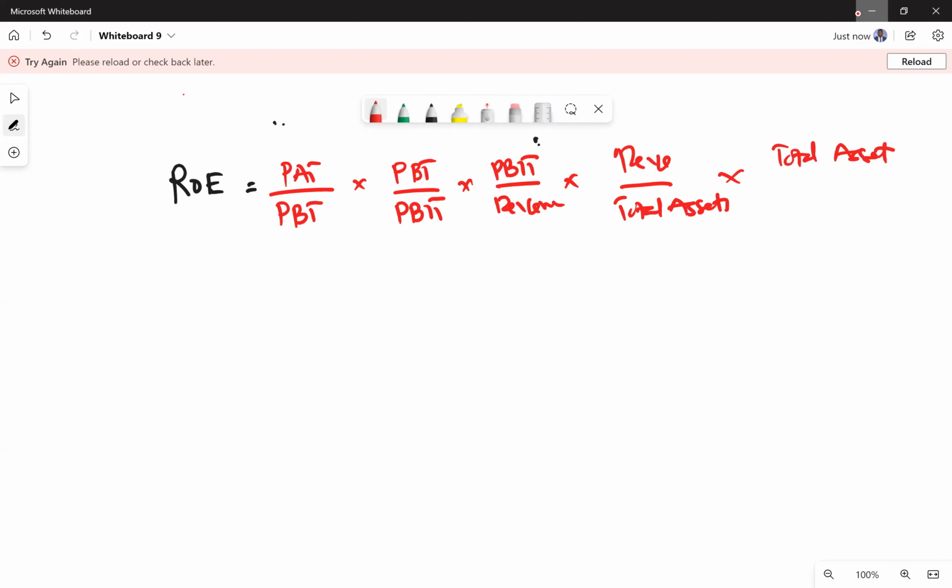How much of the total assets is being funded by total equity? The higher the ratio, the better.